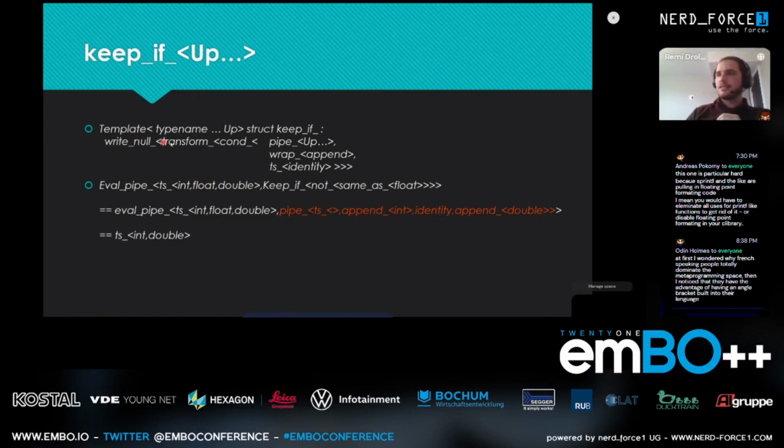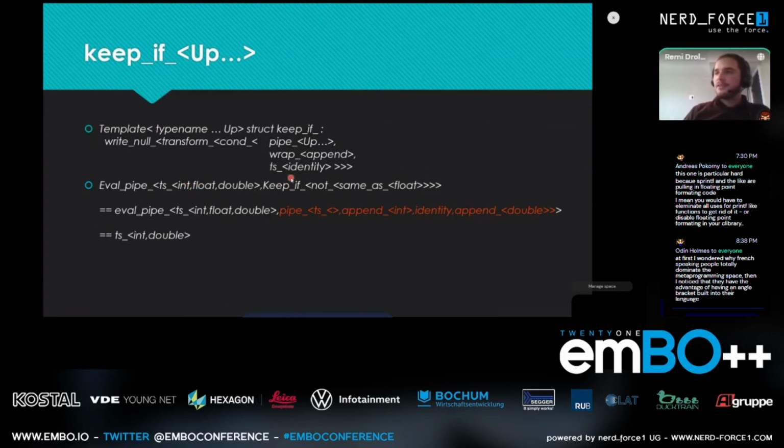So for now we have all the inputs. We transform each of them with the condition that if the predicate is true, we wrap it inside append, and if not, identity. So in the case of ts int float double, keep if not same as float. So we want to keep if it's not the same as float. So we only want to keep int and double.